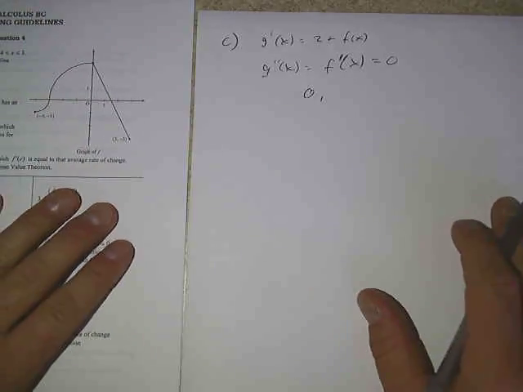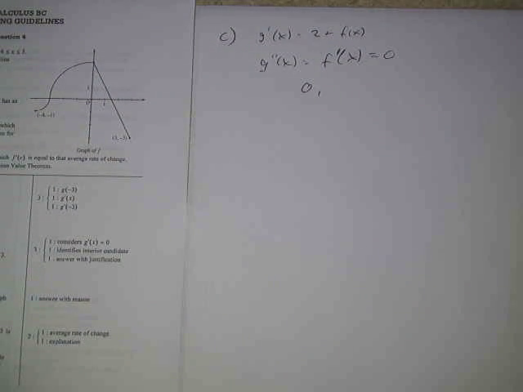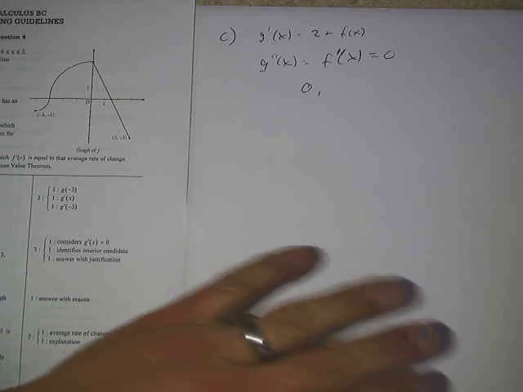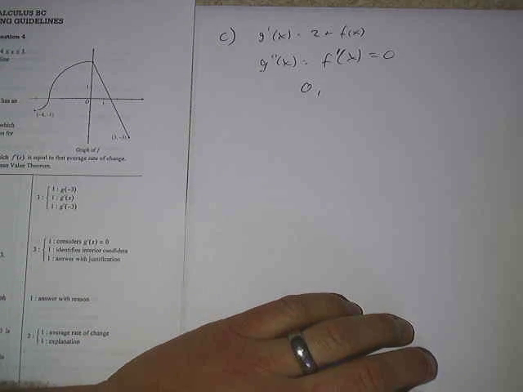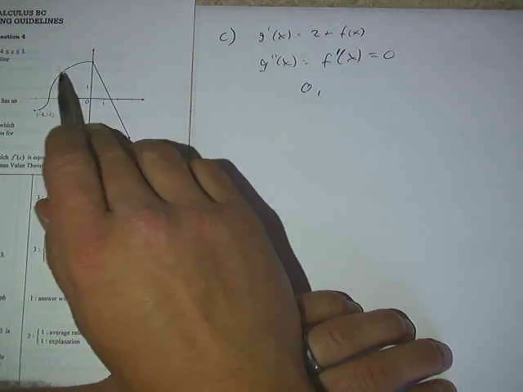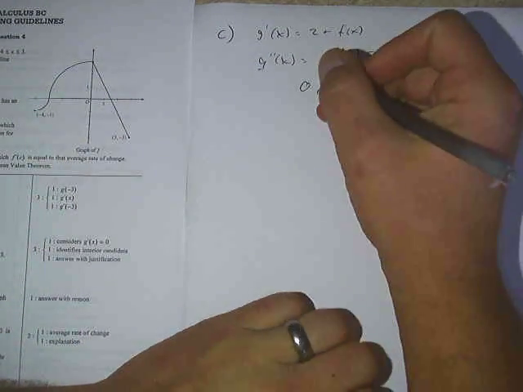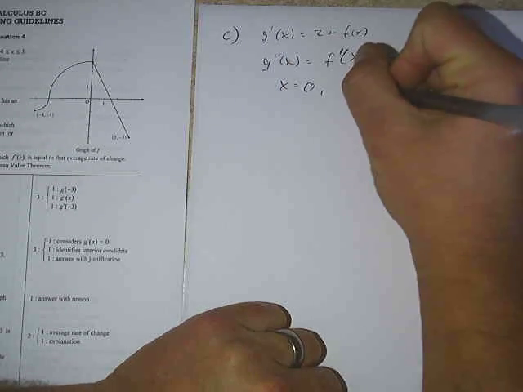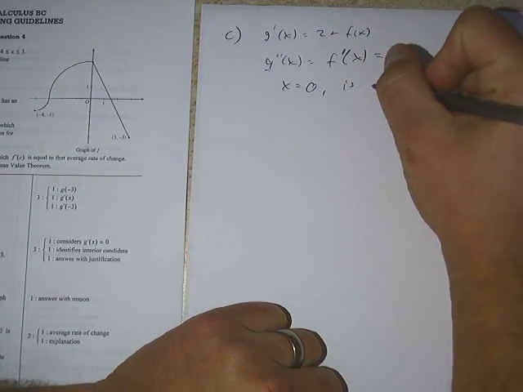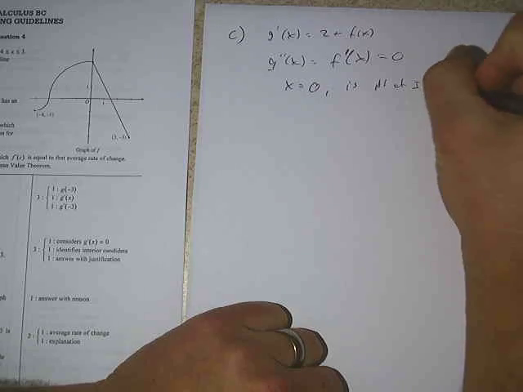At 0 from the right, it's not 0, so therefore it's a corner. So ultimately, that's our only candidate, it's just 0, isn't it? You're looking at the picture right there, there's nowhere else that the derivative equals 0. Okay, except at -4, but what do we know about -4? Not part of the interval, is it? Okay. So our only candidate is that point here in the middle where the derivative doesn't exist.